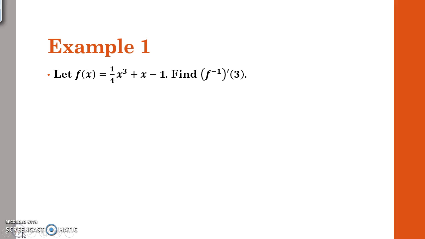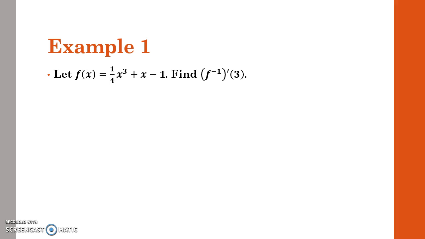All right, let's see some examples to see how this works. In this particular example, we're given a function f of x, and we're asked to find its inverse's derivative at 3. We're not going to actually find the inverse function.